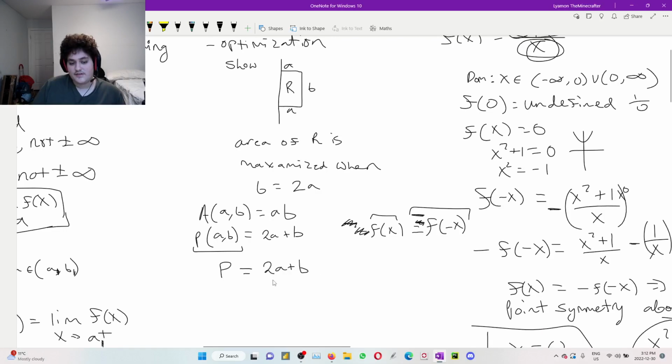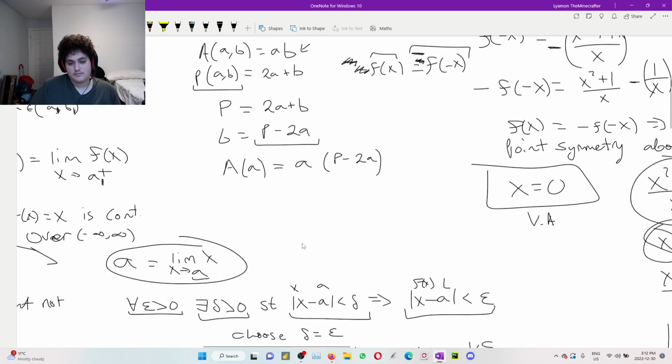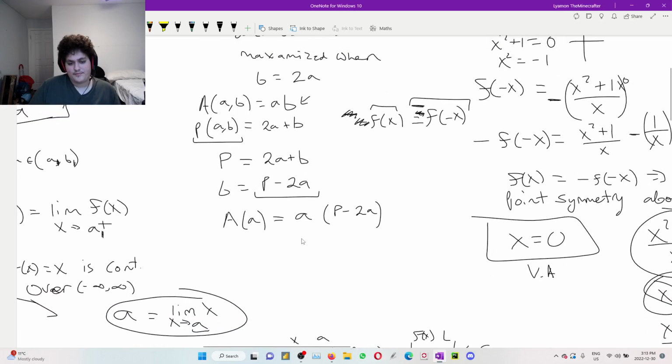We can isolate for either of the variables, but let's isolate for b. Doesn't matter. We can plug this into the area formula, so now we have the area just in terms of a. Since p is a constant, it's not a parameter. We can write this as pa minus 2a squared.